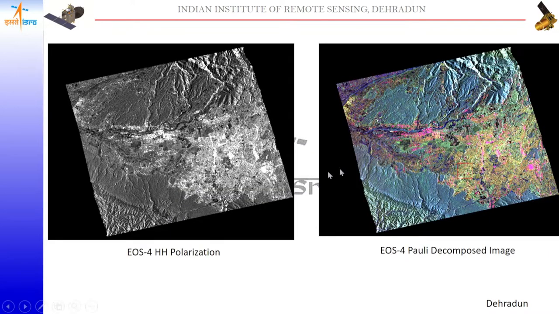So you can see this is the EOS4 quad pole data of the Dehradun region. After doing the poly decomposition, you can see it has different colors. I have already told you that poly decomposition is good for point target analysis, so for building structures it is coming out well.